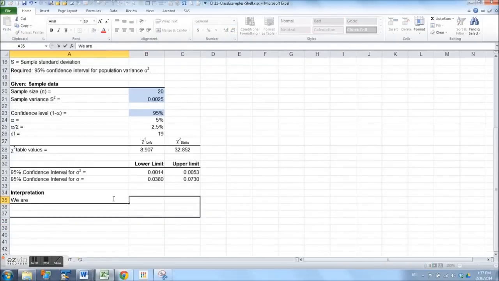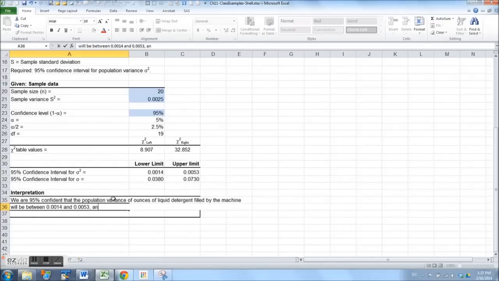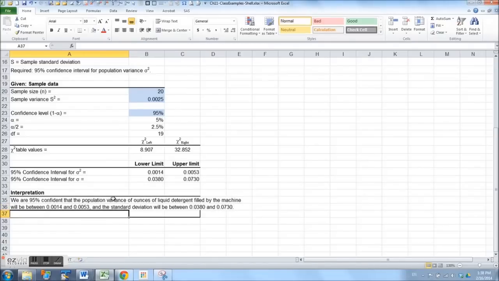So we can say we are 95% confident that the population variance of ounces of liquid detergent filled by the machine will be between 0.0014 and 0.0053, and the standard deviation will be between 0.0380 and 0.0730.